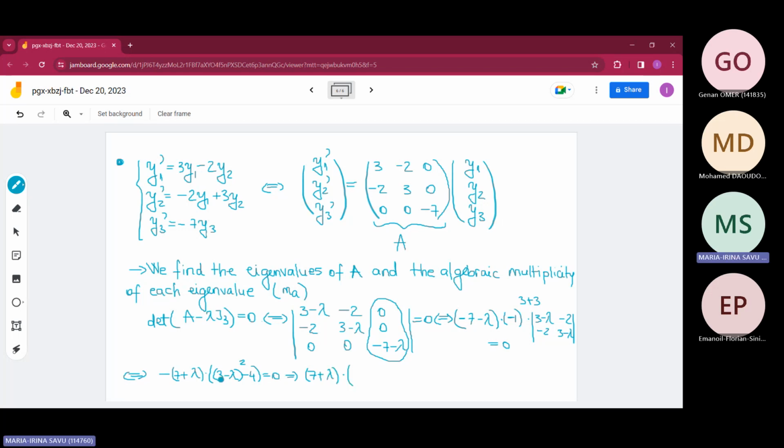And let's write it this way. Let's put 3 minus lambda minus 2 times 3 minus lambda plus 2, because it is a squared minus b squared.